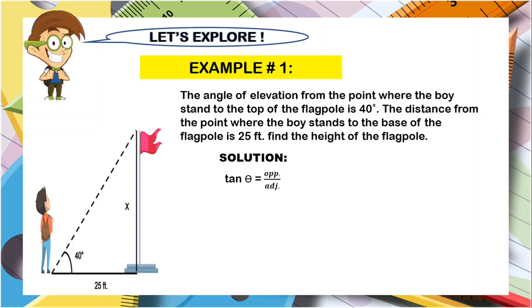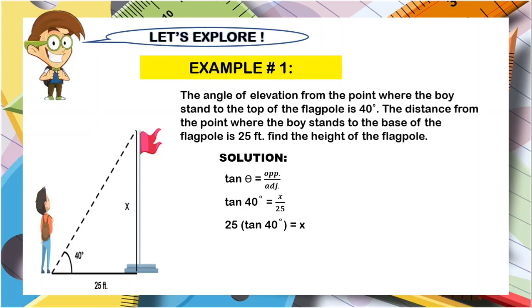Then, let us set up an equation by substituting the unknown and the given values. Substituting, we have tangent 40 degrees equals x divided by 25. Then, we multiply both sides of the equation by 25 to isolate the unknown on one side.